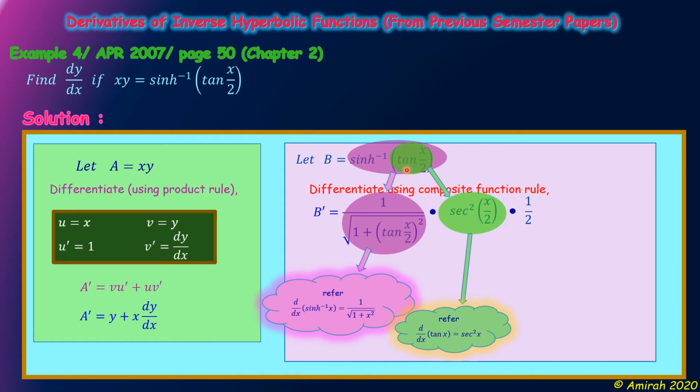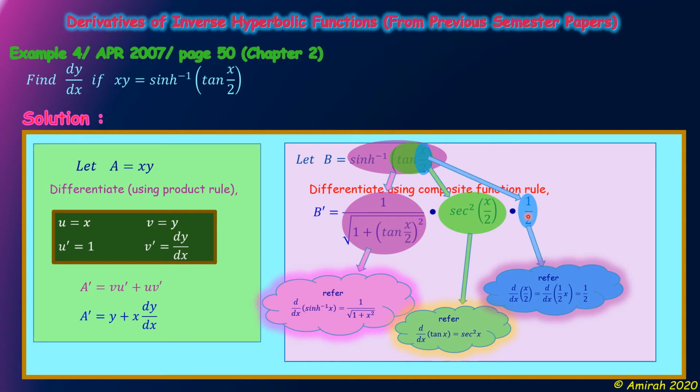So if we want to differentiate tangent x over 2, it should be sec squared x over 2. And after that, we need to differentiate x over 2. We can rewrite x over 2 as half x. When we differentiate 3x, it becomes 3. So when we differentiate half x, it becomes half. So we can put it here.